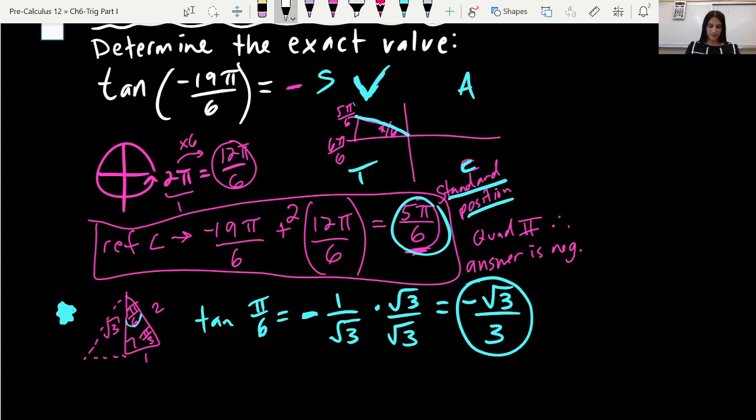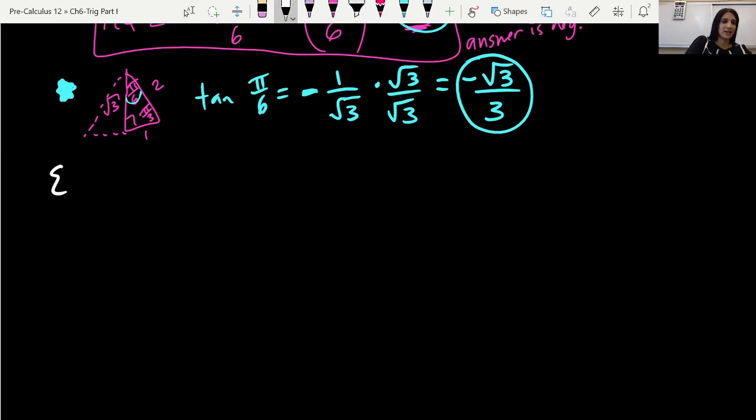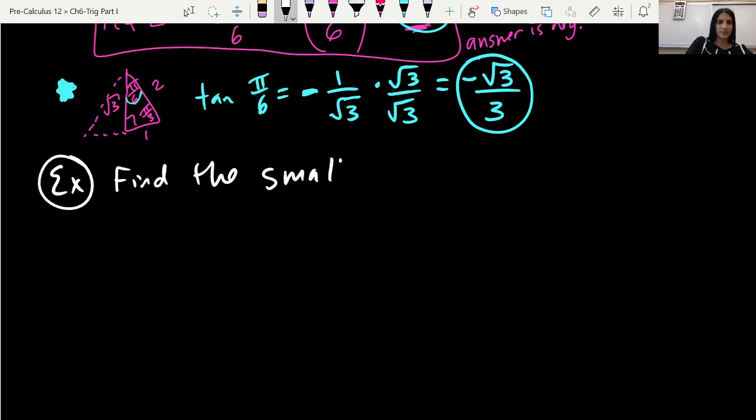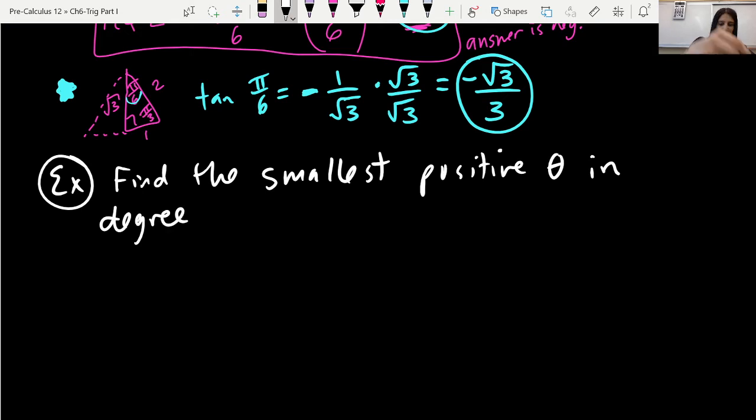Okay, let's try another example that's similar. So let's say it says find the smallest positive theta in degree and exact radian measure.